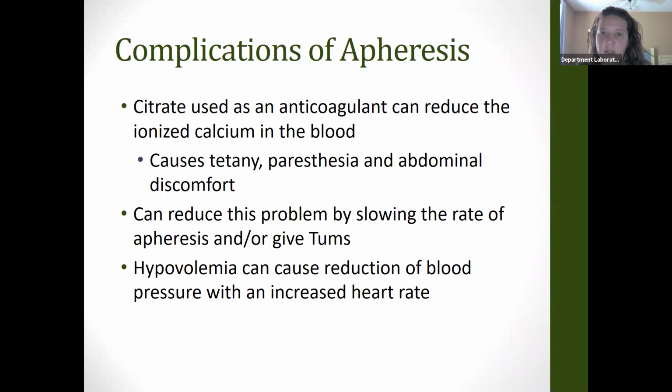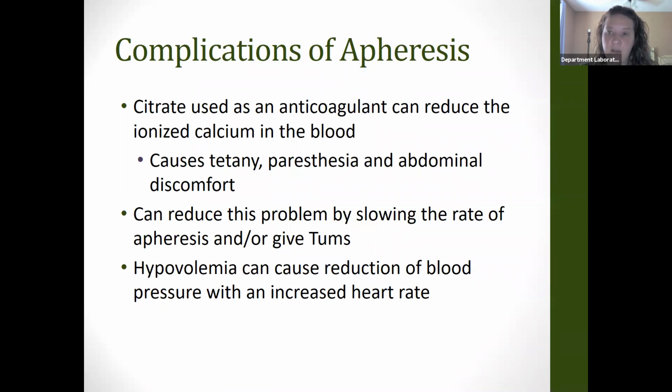So some side effects of the apheresis process, and we've talked about this before: the citrate that is used as an anticoagulant. Once the product is taken out of the patient, centrifuged, anticoagulant is added, and then it's given back to the patient. That citrate can bind to the calcium, so it can cause your patients to have a decreased calcium.